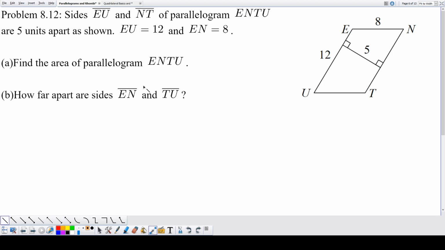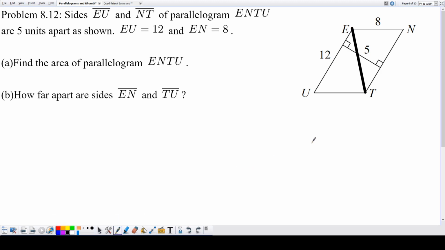Now, just like we did when we did trapezoid area, if we split the parallelogram into two triangles and find the area of each triangle, we can add them together to get the total area. Well, how can we do that? Let's start with one of the triangles, so the area of ETU.